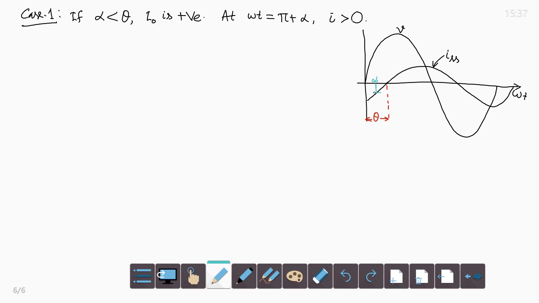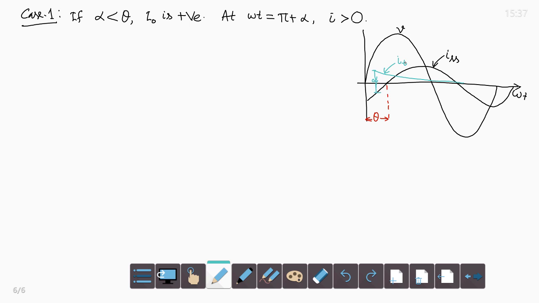Because total current has to start from 0, the transient component will be given by just opposite to sign of initial value of the steady state current, and this will look like this. This is the transient component.